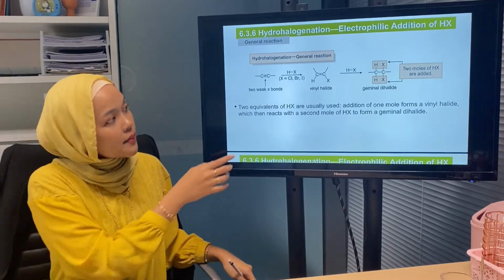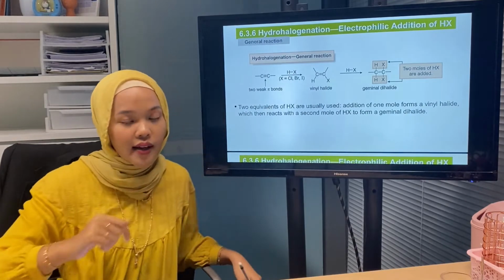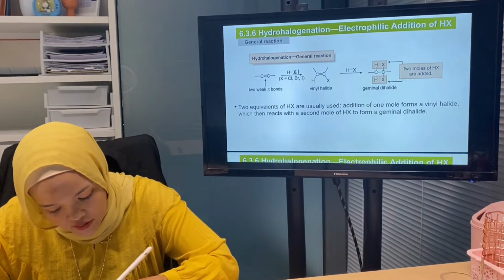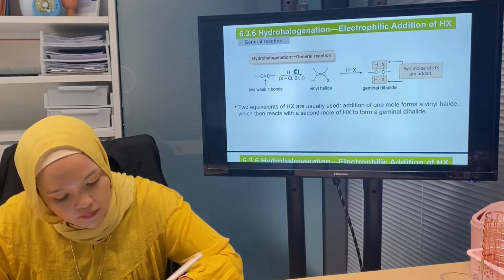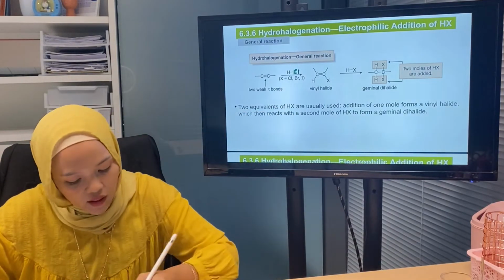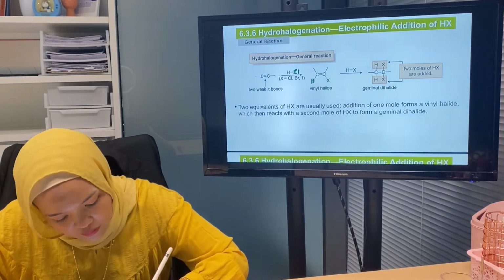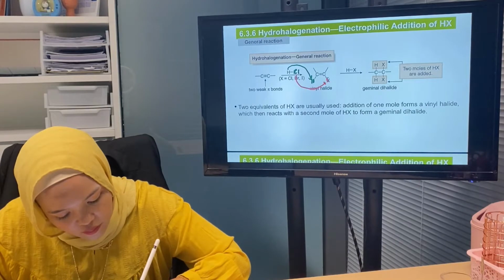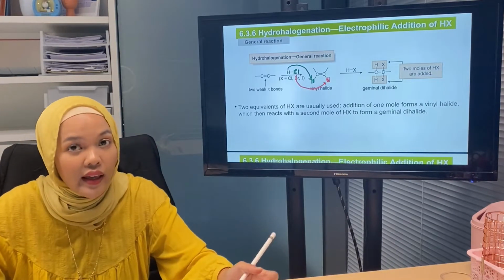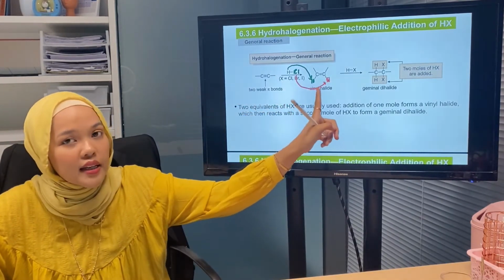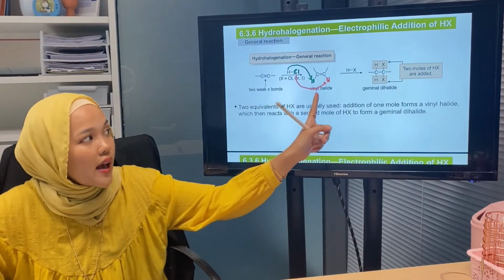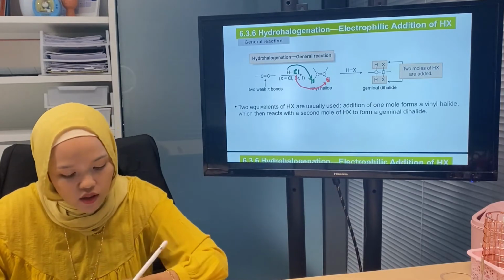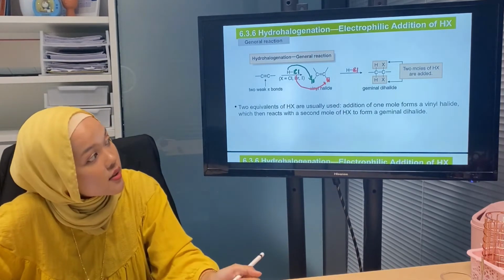So for example, you add HX, and let's say X is Cl. If you add 1 equivalent of HCl, the hydrogen will go here and the Cl will go here. If you add 2 equivalents, the next step will continue, which is you add another HCl.